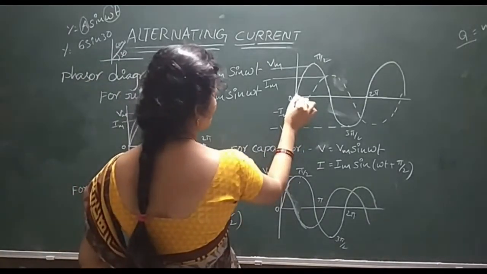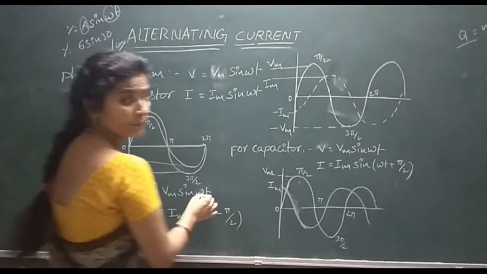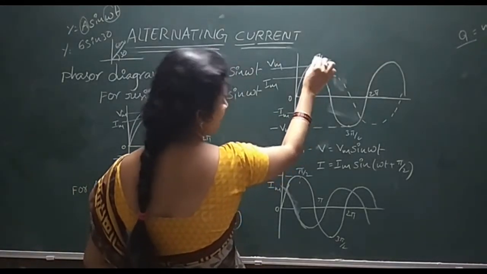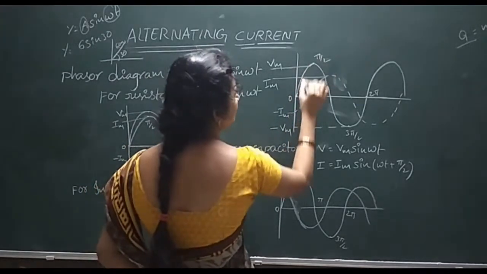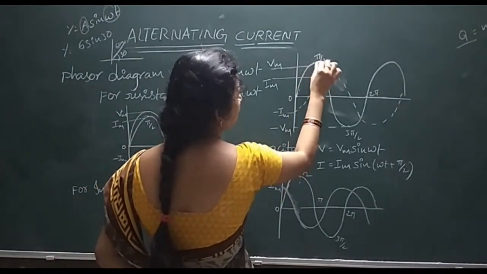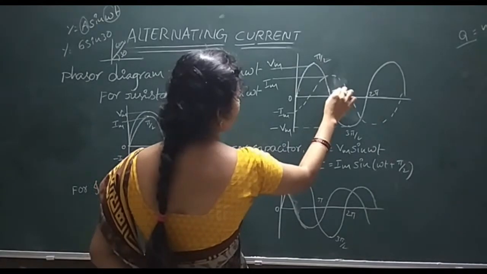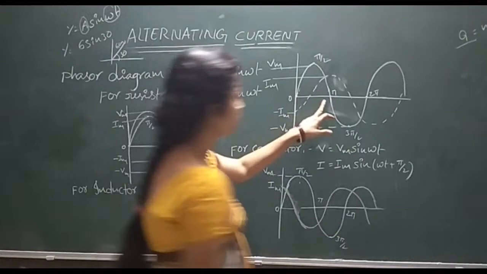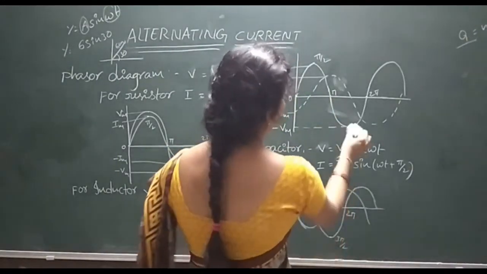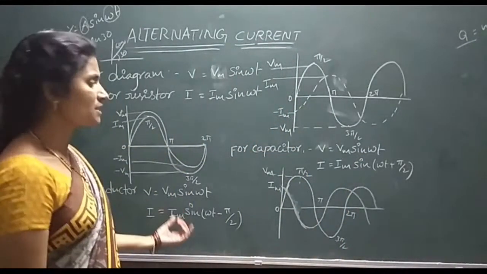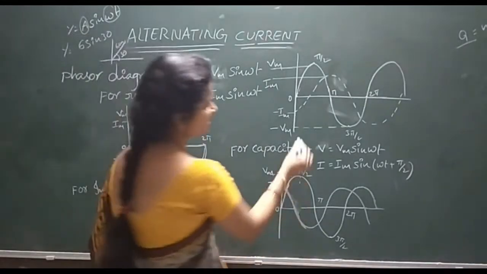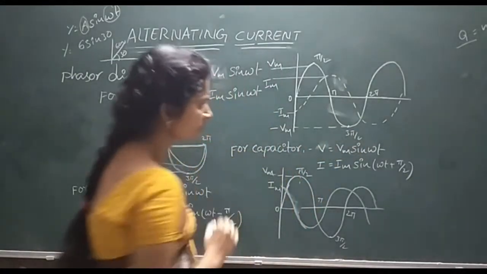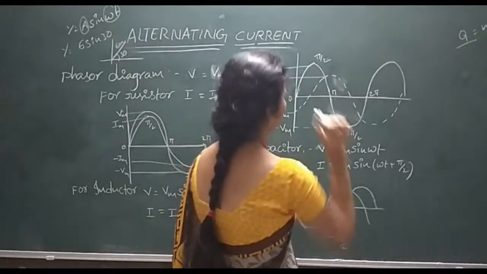If omega t is pi by 2, that is the maximum. At pi, sin 180 is 0. At 3 pi by 2, sin 270 is minus 1, so it is negative. At 2 pi, it is 0 again.